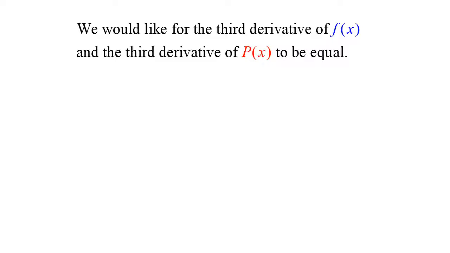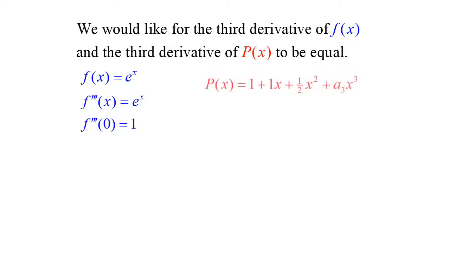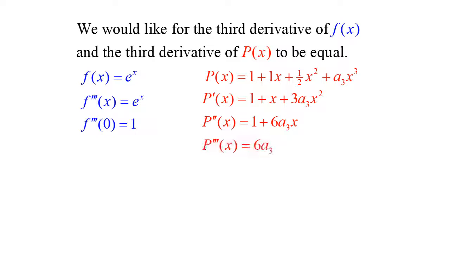Now, having done the previous two, we would like for the third derivatives to match. So here's the process, much like what we just did. We take our function, do its third derivative at 0. We take our polynomial, use a sub 3 for the coefficient of x cubed, do the third derivative, and make them match.